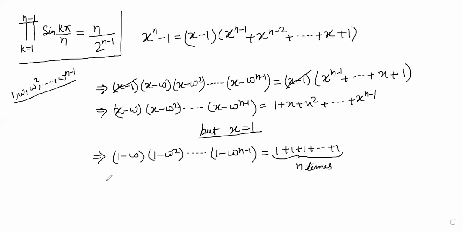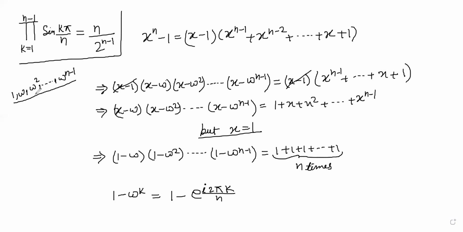Considering 1 minus omega to the power k, this can be written as 1 minus e raised to iota 2 pi k upon n.